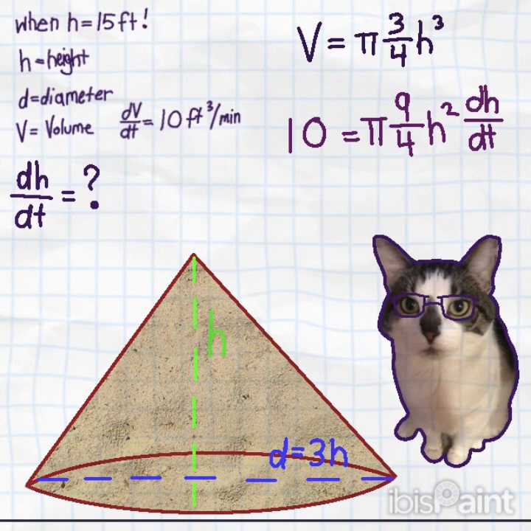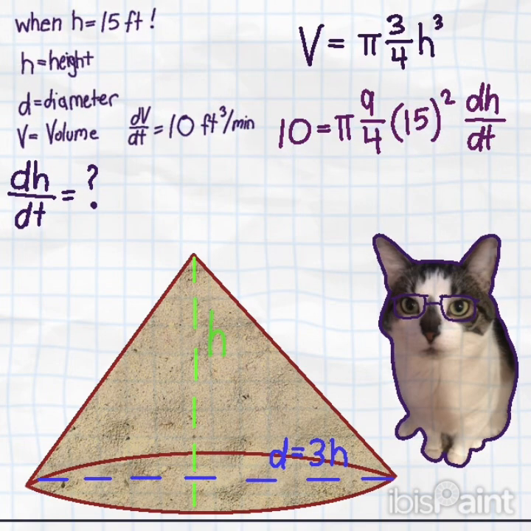And now we can finally substitute 15 for h. The height of 15 is not a constant since the height of the pile is constantly changing over time. Because of this, we can only plug in 15 after we've differentiated the equation. Now that all that scary calculus is over, it's time to simply solve for dH/dt.